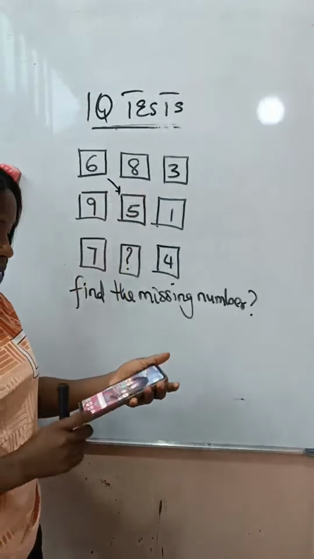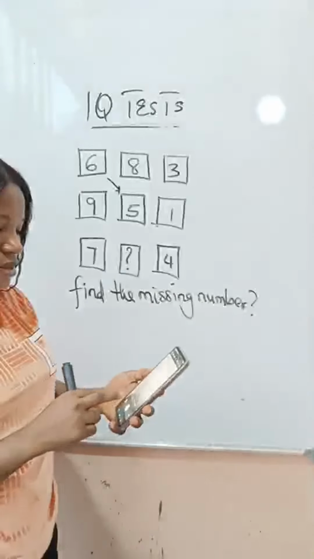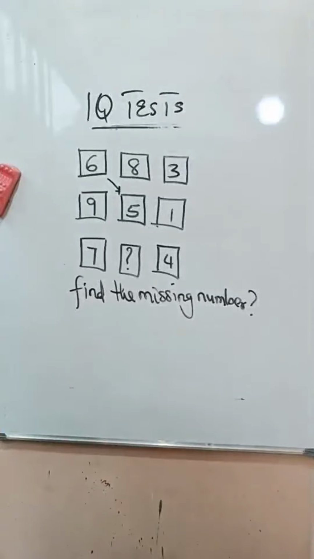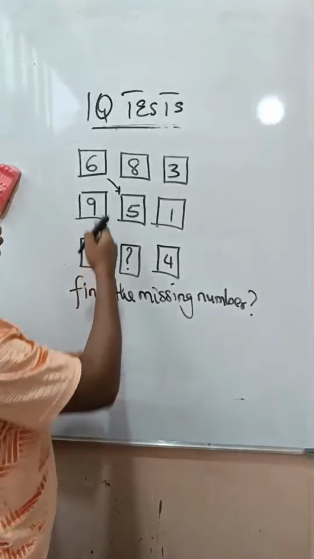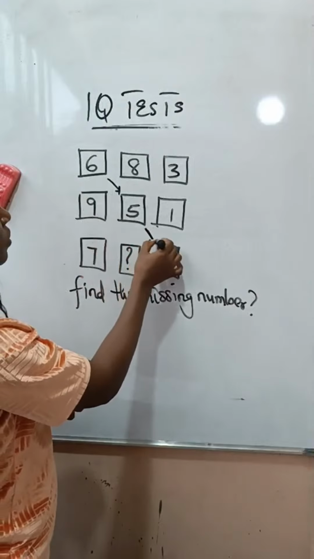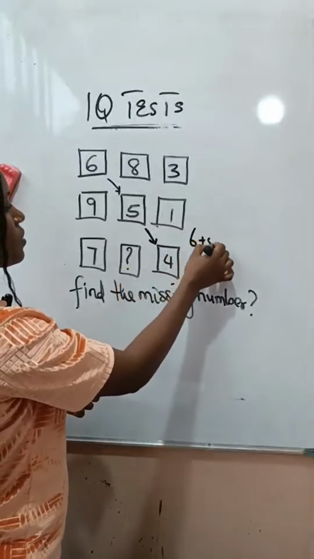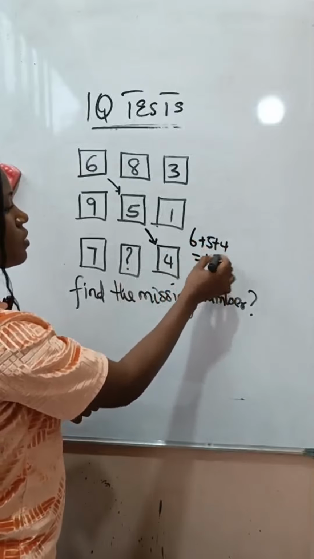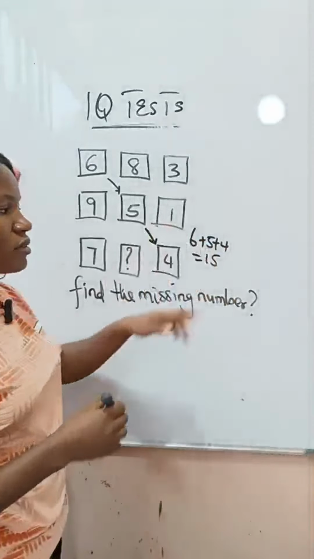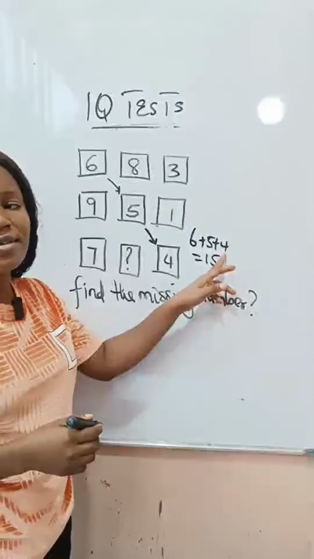When you look at this diagonally, you will notice something. 6 plus 5 plus 4 is equal to 15, because 6 plus 5 is 11 and 11 plus 4 is 15.